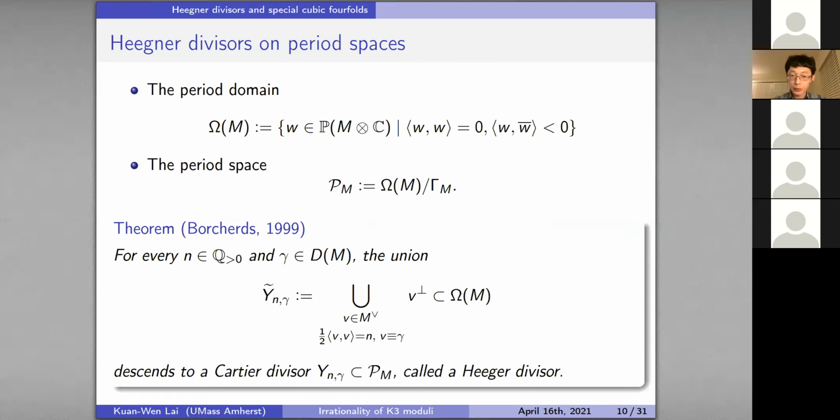We require the self-intersection of v divided by 2 to be equal to the chosen rational number n, and we also require the class of v in the discriminant group to be the chosen element gamma. It is proved by Borcherds that this union descends to a Cartier divisor on the period space. This is called the Heegner divisor. This is the definition of a Heegner divisor.